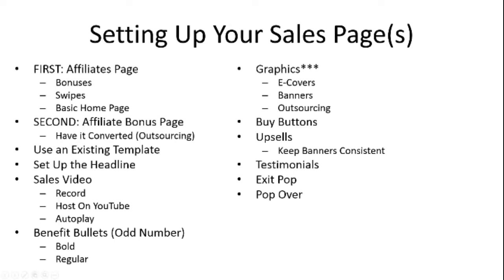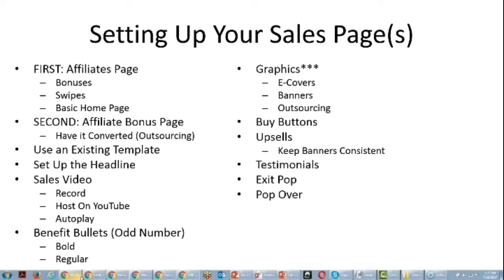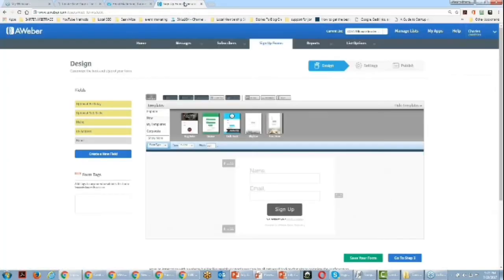There's also the popover, and I do want to show you this. Let's see if I can find the page here. Okay, so here's Aweber. And what you want to do is use this setting in Aweber that says popover, lightbox, or pop-up.